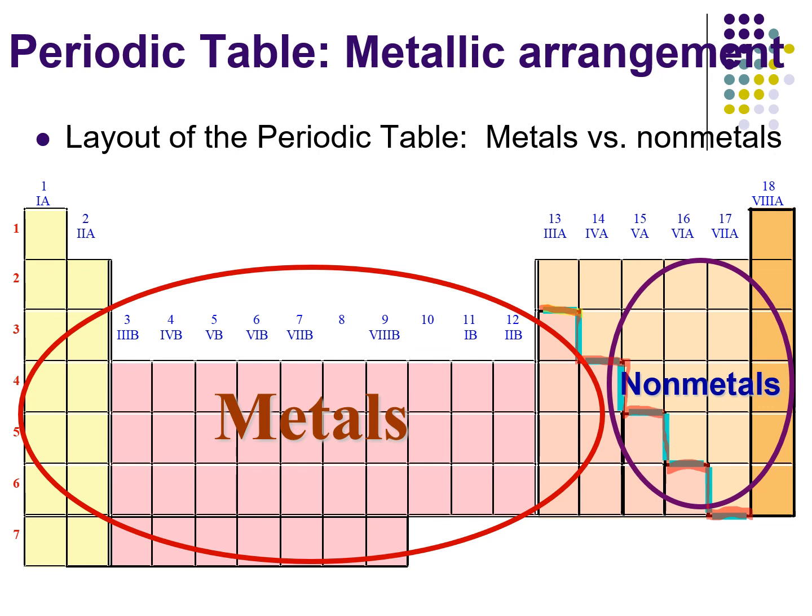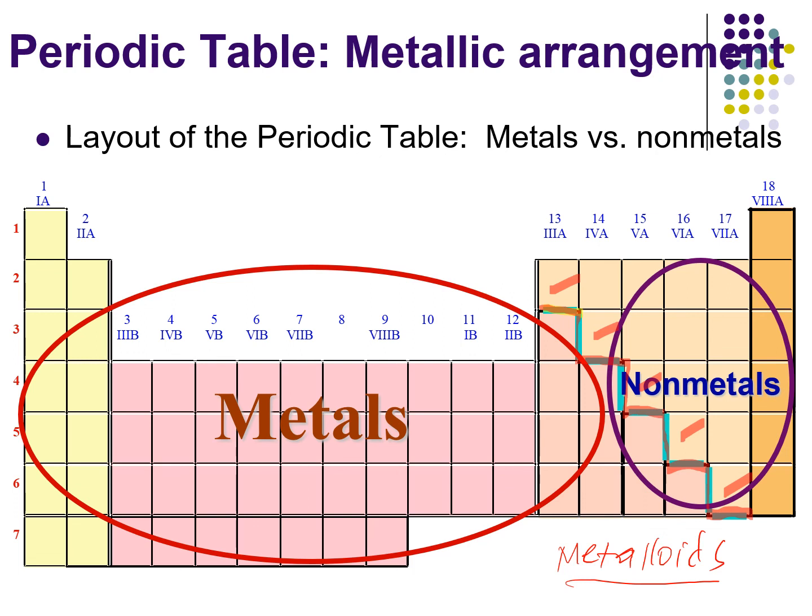So, lahat po ng elements na nasa hagdan, ayan po ay ang mga metalloids. Ayan. Metalloids po yung mga yan. Yung mga elements na nasa hagdan.